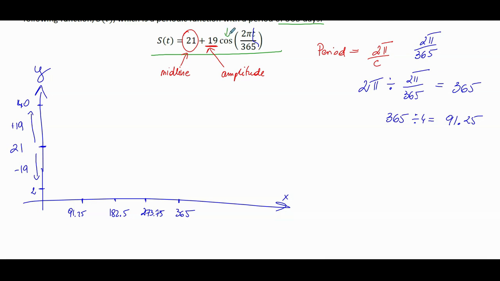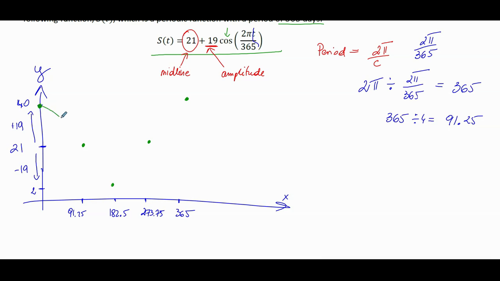Now, because this is a cosine function, it starts at the top. So my first point is on the top. Then at 91.25, we go to the middle. Then the next point, 182.5, goes low, so at 2. Then again we go to the middle at 273.75. And at 365 we end up finishing at the very top.